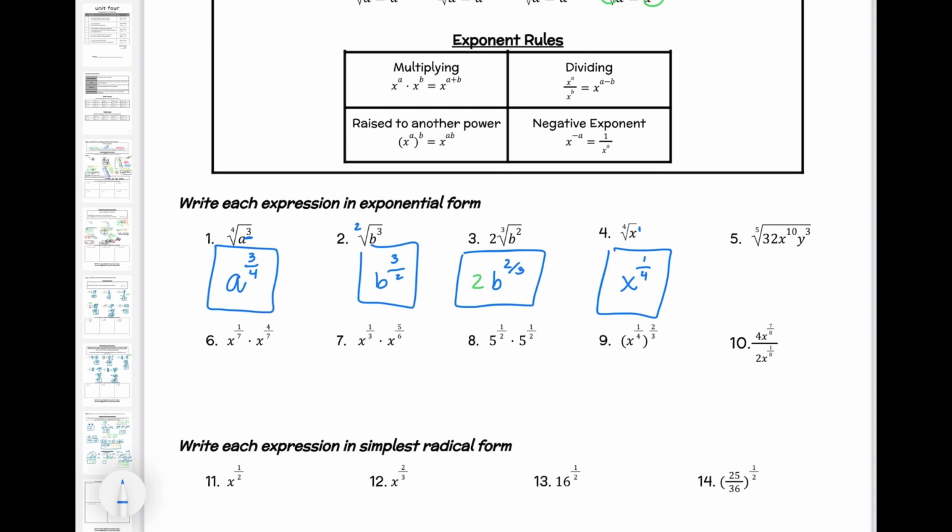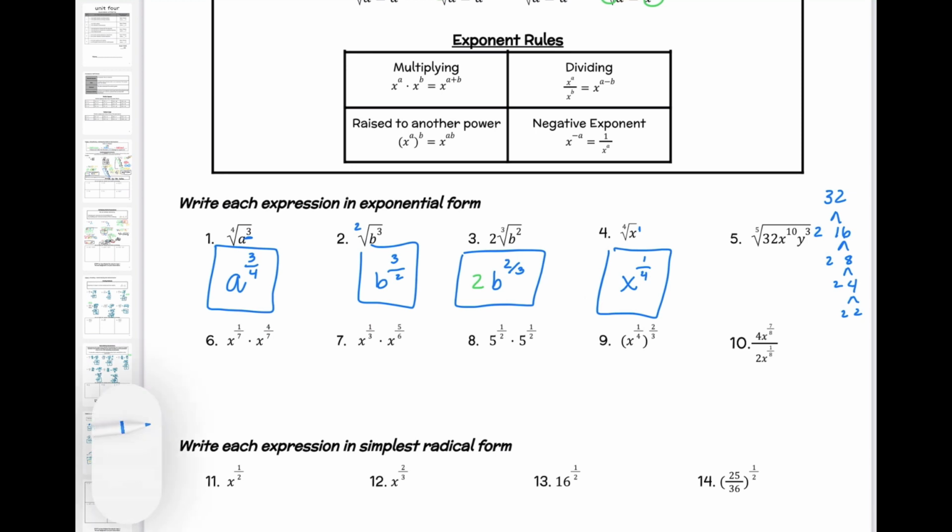So we're going to simplify that 32. Because it's to the 5th root, I'm going to break it down. We can divide it by 2, and that would leave us with 16. We can divide it by 2 again, and that would leave us with 8. 2 again, and that would leave us with 4. And then 2 again, and that would give us 2 2's.